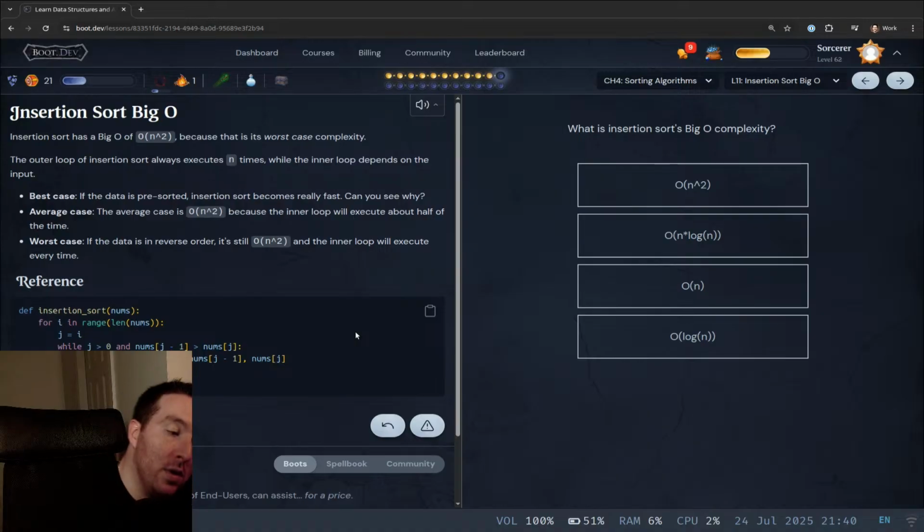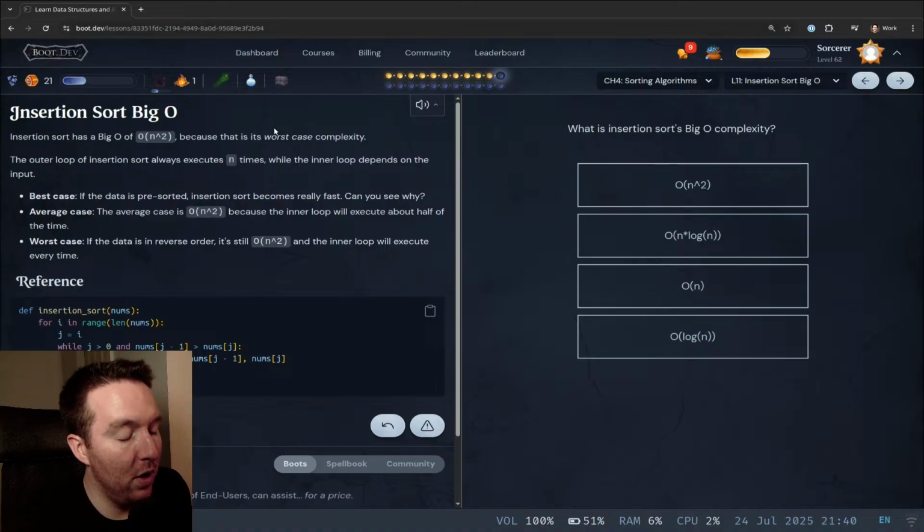Okay. So insertion sort has a big O notation of O(n^2), because that is the worst case complexity. The outer loop of insertion sort always executes n times, while the inner loop depends on the input.